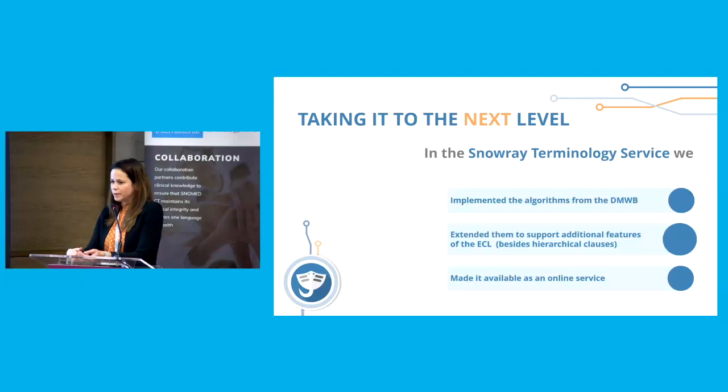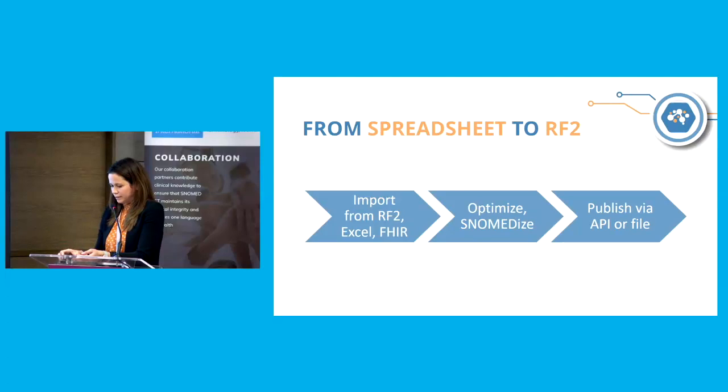And as a last step, we made it available as an online service, which means that you have a process that you can use to get from a list of codes to an RF2 release of query type ref sets. You just need to import a spreadsheet with your code list. It can really be that simple, so it doesn't even have to be an RF2. It can be any spreadsheet that contains SNOMED CT concepts.